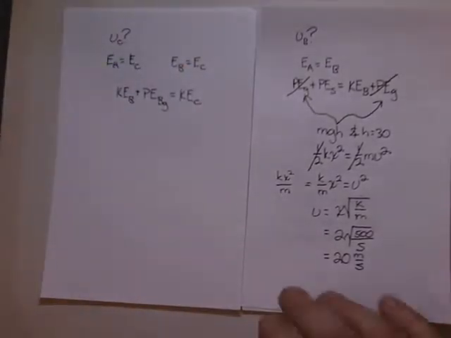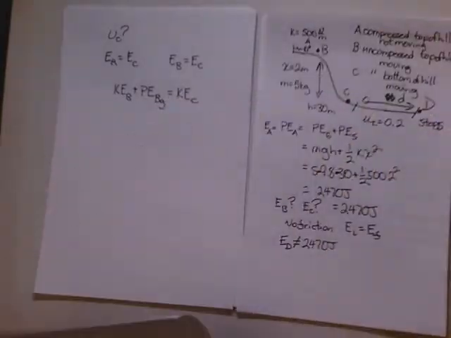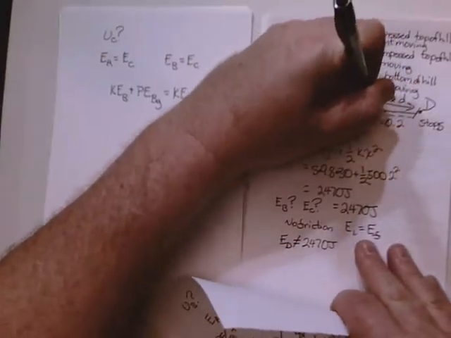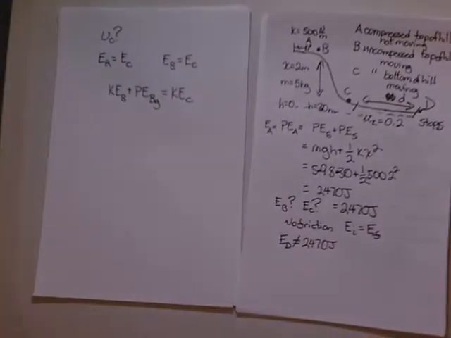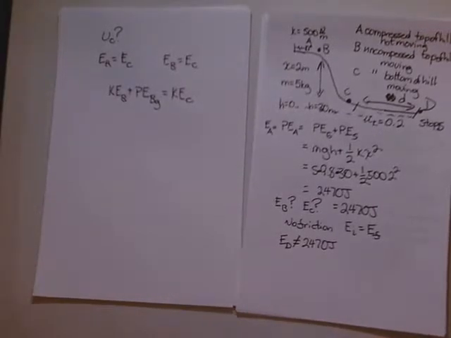Since it's at the bottom of the hill, what I typically do is say that level has an h of 0. So I'm not really concerned about the height at C because it's 0. I made it 0, yes.